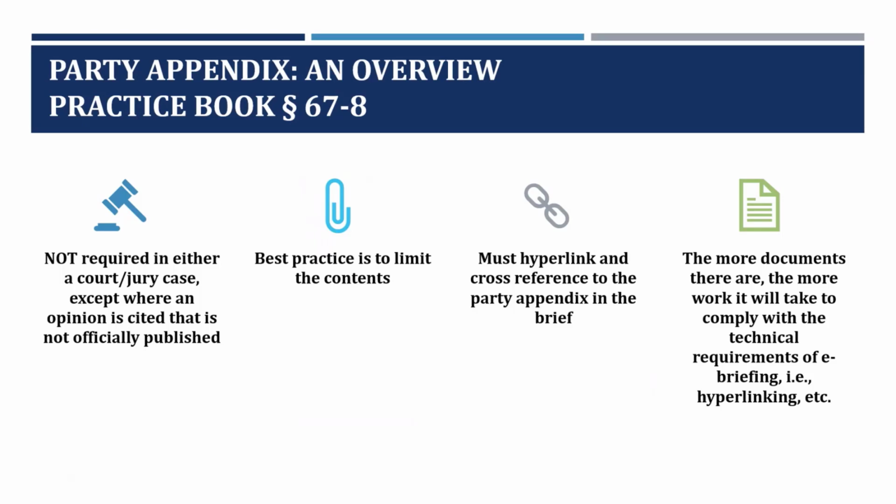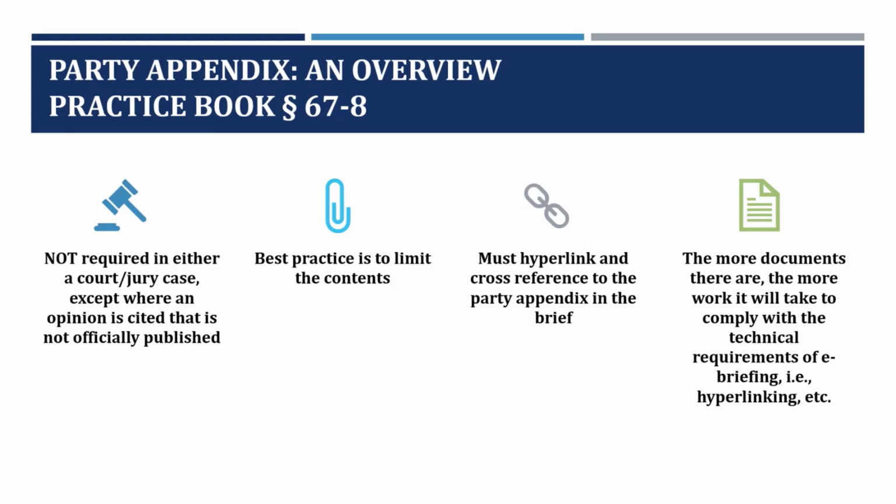Your brief is going to hyperlink only to the party appendix and not to other documents that are not part of the same PDF document, like the clerk appendix, or for example, when you're doing your reply brief, unless you do a supplemental party appendix, which is not referenced in the rules, but should be permissible. If you're referring back to the original party appendix with your opening brief, you will not be able to hyperlink because it's not part of the same PDF document.